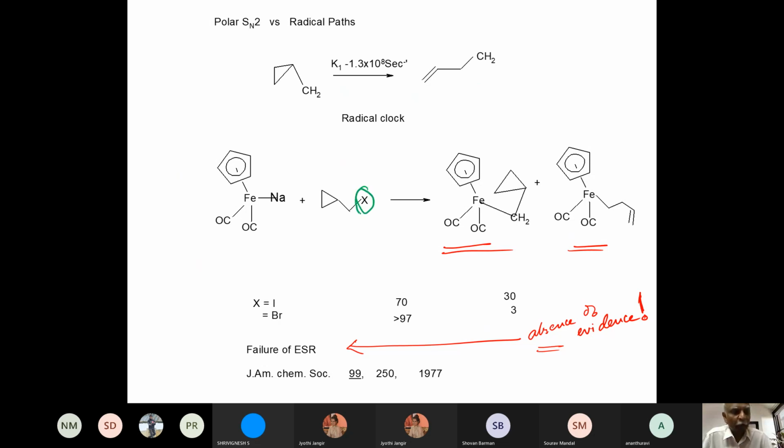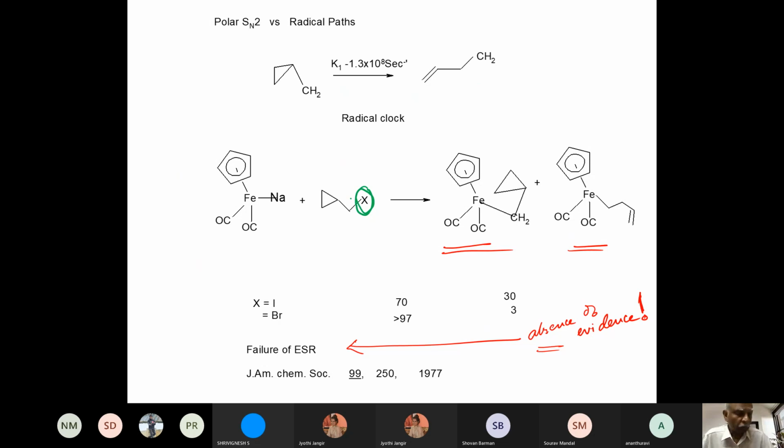Of course, we cannot change the R group because the R group is the cyclopropyl methyl species. That's the one which stabilizes the radical and allows for ring opening.